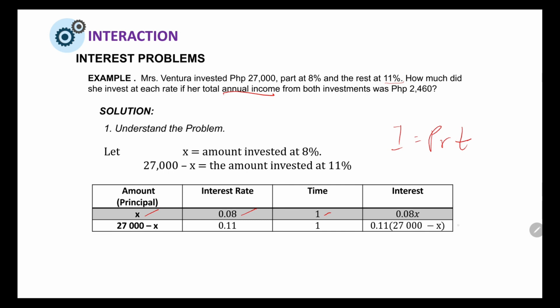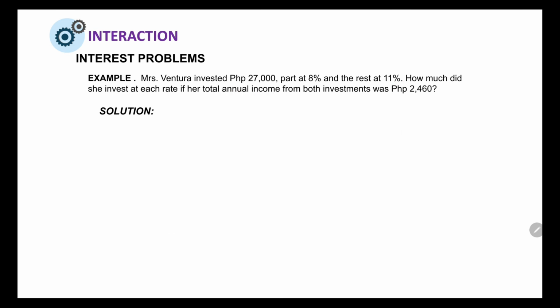And then for the second one, we have the principal amount of 27,000 minus X, where the rate is 11% or 0.11. The time is the same, which is 1 year. And we have the interest at 0.11 times 27,000 minus X. Okay, so let's now write the equation.